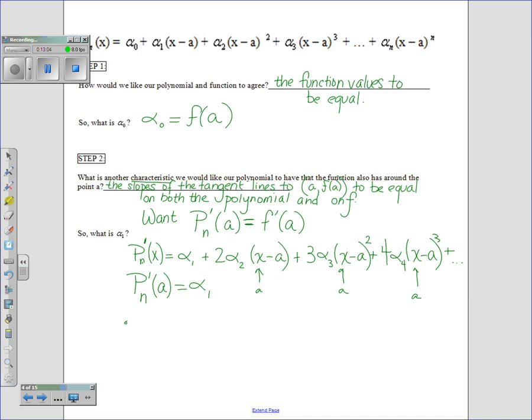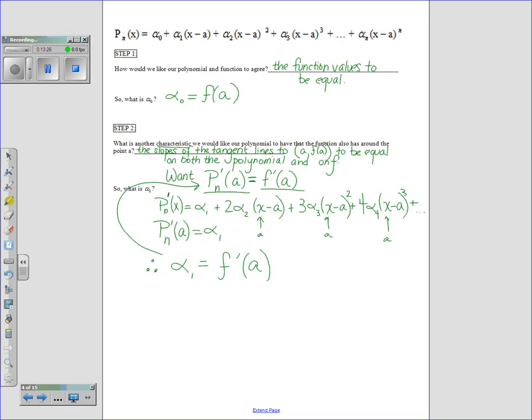So therefore, alpha sub 1 is equal to f prime of a, because that's what I wanted. I wanted the first derivative of the polynomial at a to equal the first derivative of the function at a, so they have the same slopes.